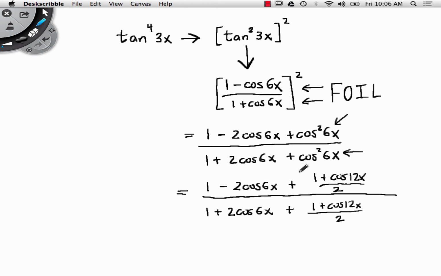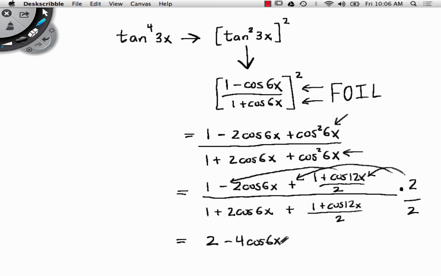Now, there is something we can do to simplify this, and it's going to be nice. I want to get rid of this over 2 because a fraction above a fraction just looks nasty. So I'm going to multiply the top by 2 and the bottom by 2. I'm going to distribute that 2 in the numerator. So this is 1 times 2, that's 2, minus 2 cosine 6x times 2, which becomes minus 4 cosine 6x.